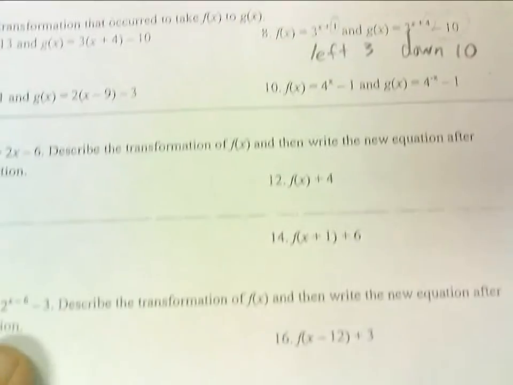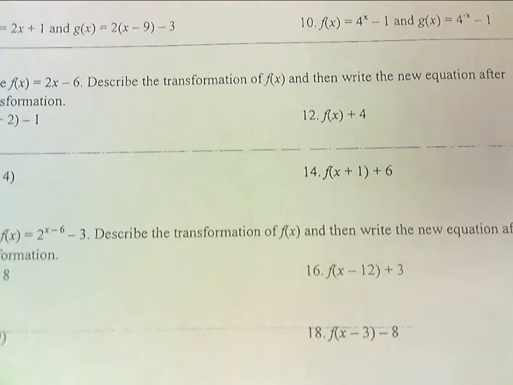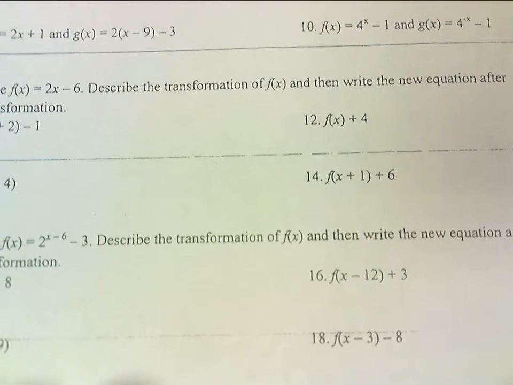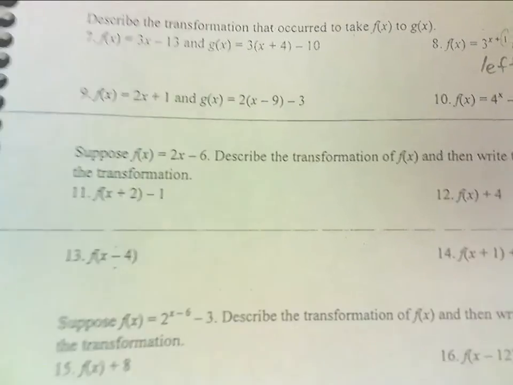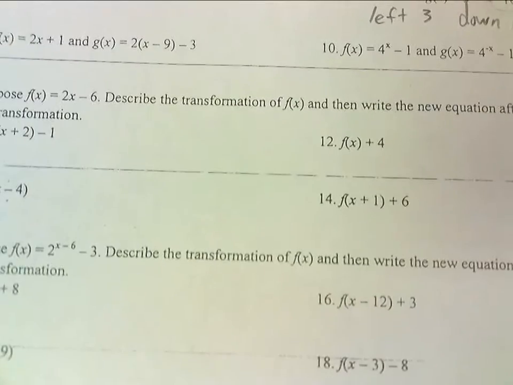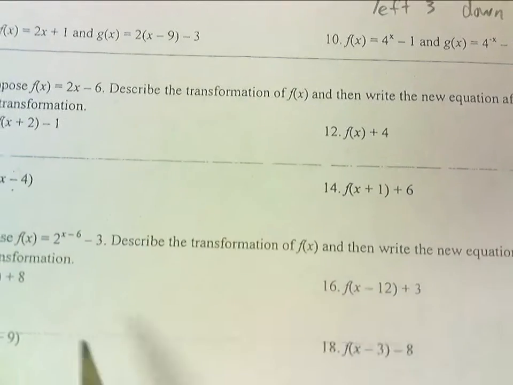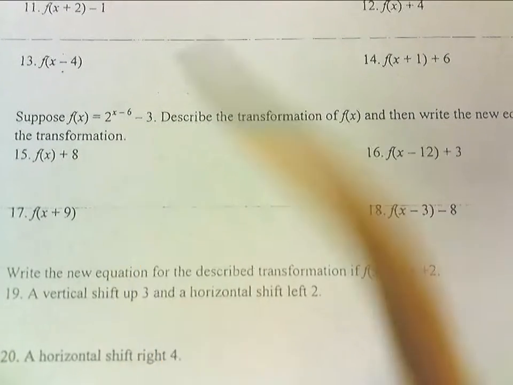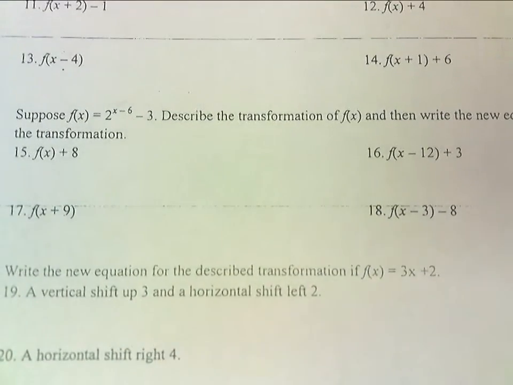The next sections give you a linear equation and an exponential. I did an example of a linear equation with you guys in class, so let's look at the exponential. It's pretty much the same idea, but instead of using parentheses like we do with the linear equations, the exponent's already isolated, so we don't have to worry about putting it in parentheses when we plug it in.